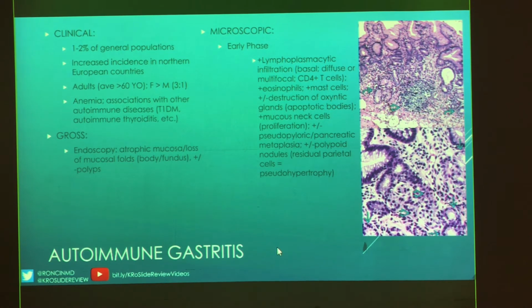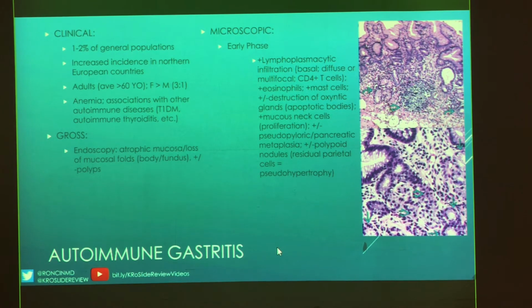The lymphoplasmacytic infiltration can be basal, diffuse, or multifocal, and it will be predominantly CD4 T cells. We are going to see EOs as well as mast cells, and someone can point out if there are good areas of mast cells in these, because I didn't really see them. That would also be helpful.